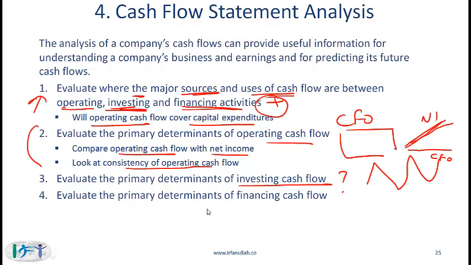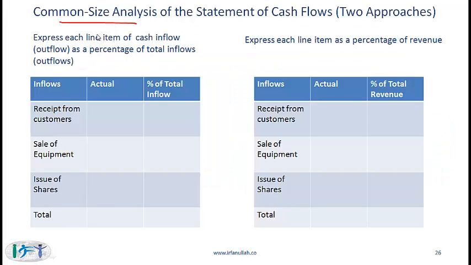We should also evaluate the primary determinants of financing cash flow. So this will give us an indication about the company's capital structure and plans related to how future operations will be funded. Common sized analysis.